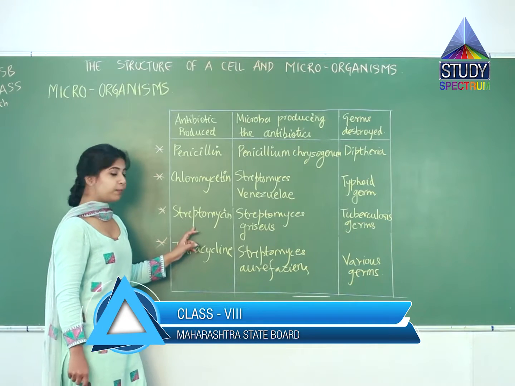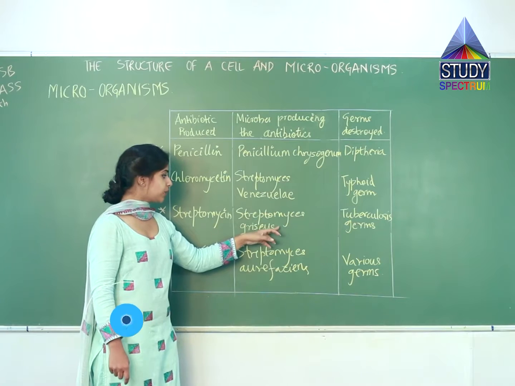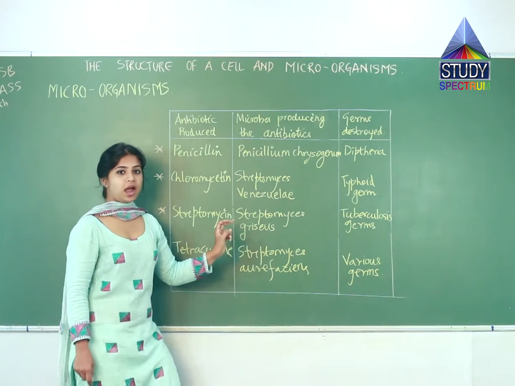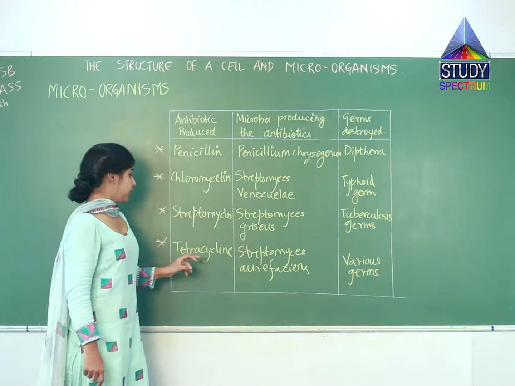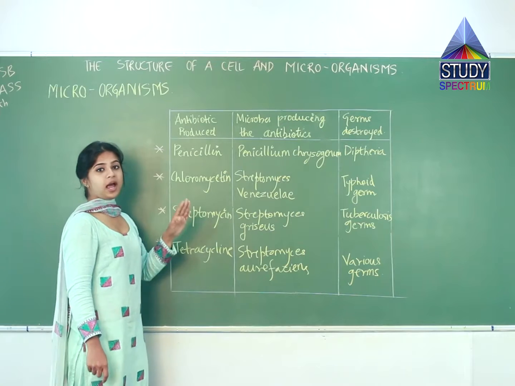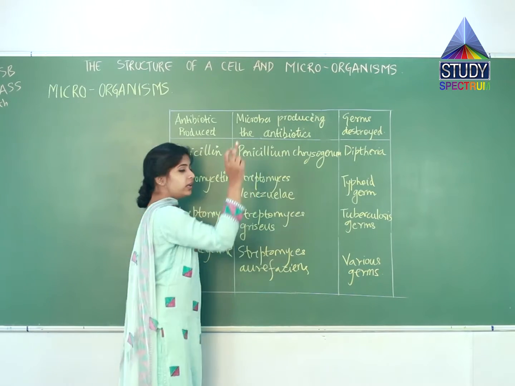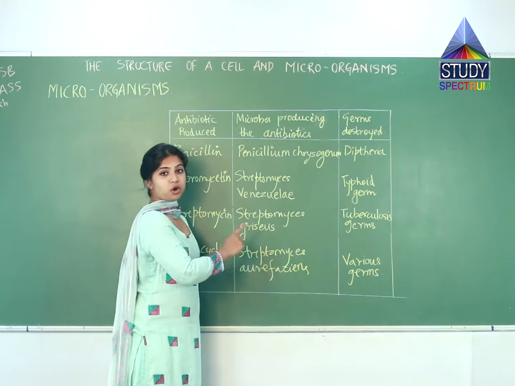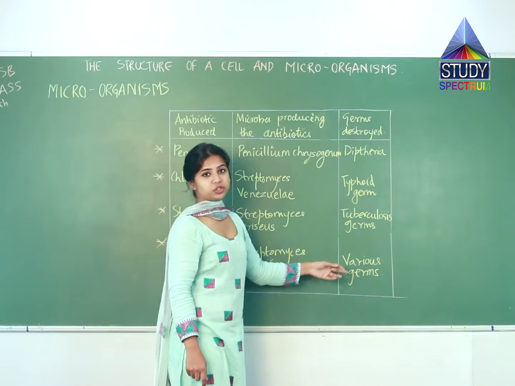Then we have streptomycin, produced by Streptomyces griseus and useful in treating tuberculosis. Then we have the last antibiotic, tetracycline, produced by Streptomyces aurefaciens, and this is used to treat various germs.